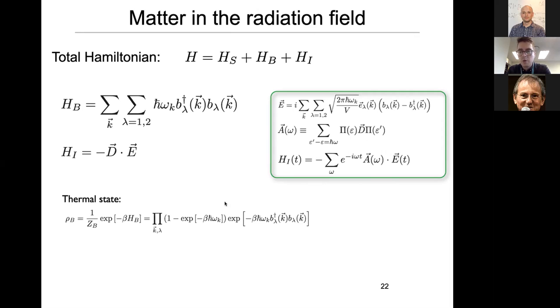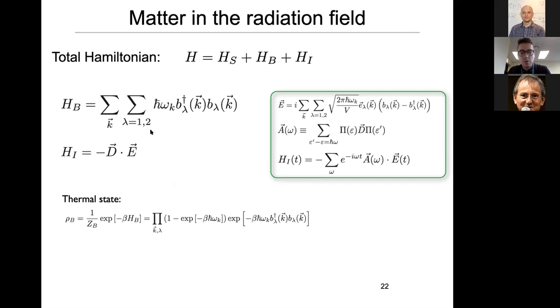At this point, what we can assume is that our environment, our quantized radiation field, is initially in thermal equilibrium at some fixed temperature T. In this way, the initial state of our environment, rho b, can be written using a Gibbs state, which is this state here, where Z is the partition function of our radiation field and beta is the inverse temperature, defined as 1 over kBT, where kB is the Boltzmann constant and T is the temperature.